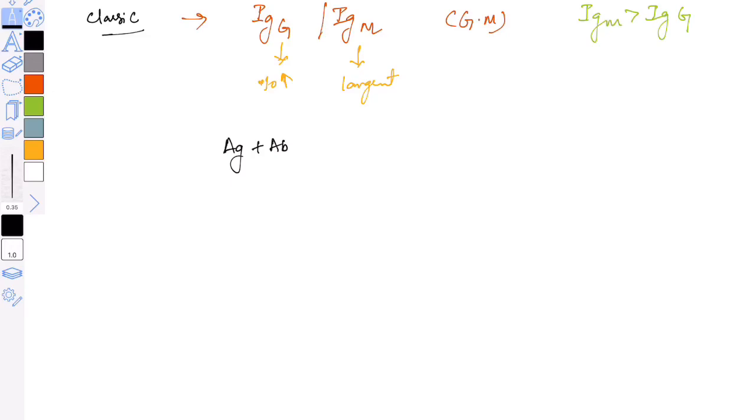So antigen and antibody lead to the formation of the antigen antibody complex. So the body is ready with the antigen antibody complex. This antigen antibody complex is going to convert C1, okay, convert C1 to activated C1.